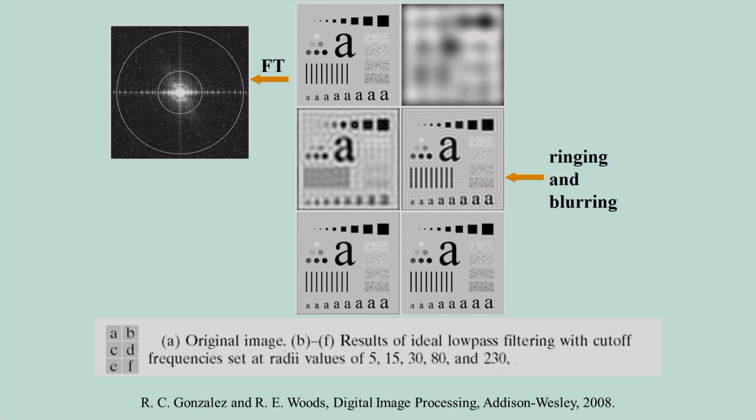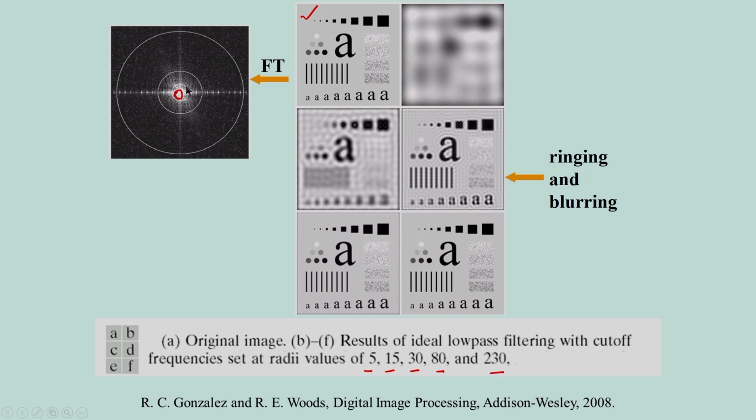Now I am showing an example of the ideal low pass filter. The first one is the input image. After this, I am considering ideal low pass filtering with cutoff frequency D naught, and radii values of 5, 15, 30, 80, 230. If the radius value is 5, I am considering a very small circle.